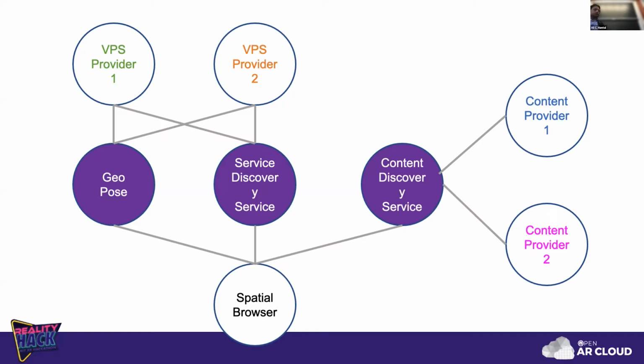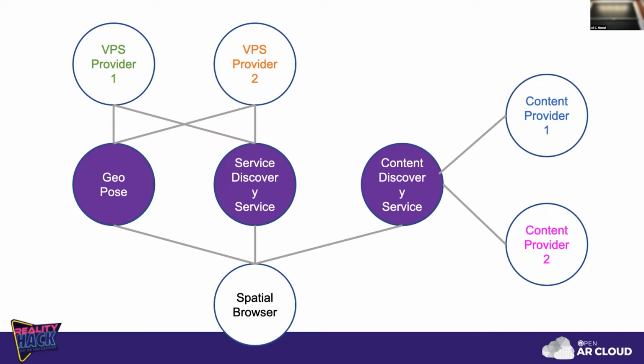And then similar with the content providers. So if you, for instance, were to build an experience on Zappar or 8th Wall or Niantic or whatever, the concept is that if that company uses our API and can send their content to the content discovery service, then as you walk around in the world, when the whole world is scanned, this is obviously into the future, you would be able to access content from any of these different platforms.